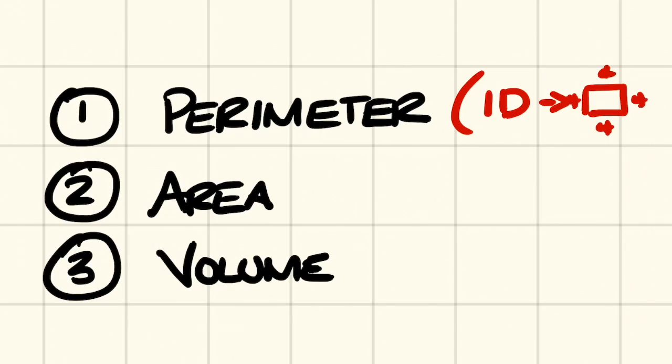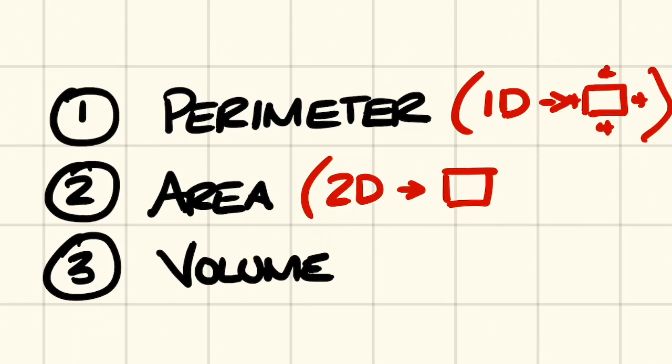That's measuring the outside alone. Area is two-dimensional, whereas we're taking a look at what's on the inside of the box. So the big difference is that perimeter is measuring just the outside.